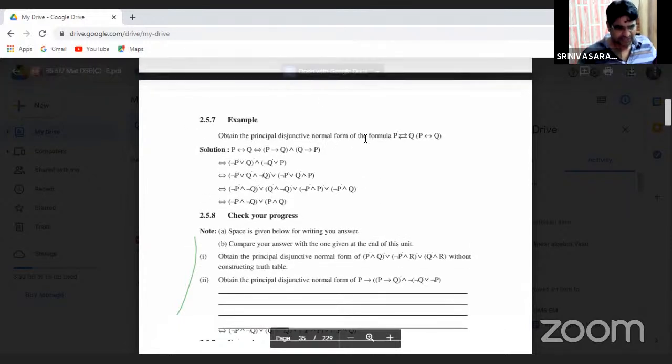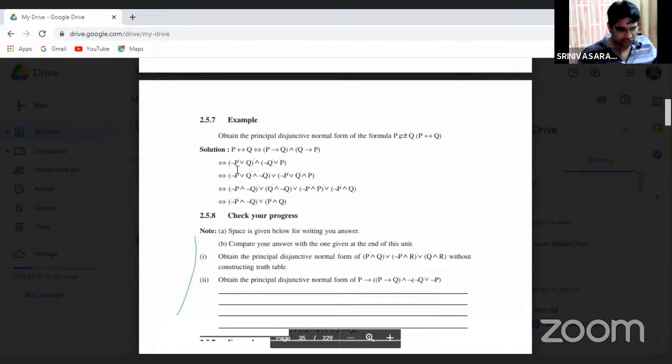Now, applying the principal disjunctive normal form to the formula P biconditional Q. We can replace P biconditional Q with P to Q and Q to P. What is the principal disjunctive normal form? P biconditional Q means P to Q and Q to P. The P to Q expression is negation P or Q, and the Q to P expression is negation Q or P. This is the second part.